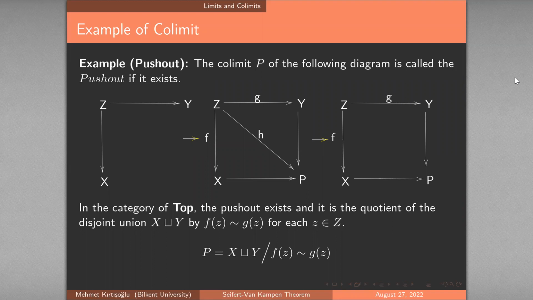And in the category of topological spaces, the colimit will be equal to the disjoint union of the spaces, quotiented by identification, since Z should be mapped to the same place, so those points will be identified.